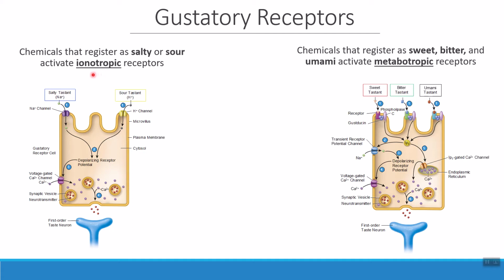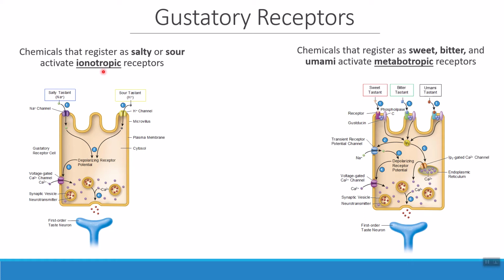Now, what I want you to write underneath ionotropic receptors is a term that we've talked about before. The term that we talked about before was chemically gated ion channel. Chemically gated ion channel.